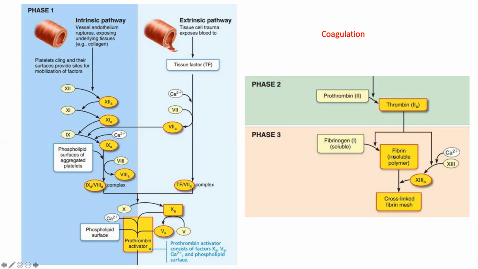And finally, we will get fibrin, which is an insoluble polymer. And that way we reinforce the platelet plaque with the fibrin threads that act as a molecular glue for the aggregated platelets.